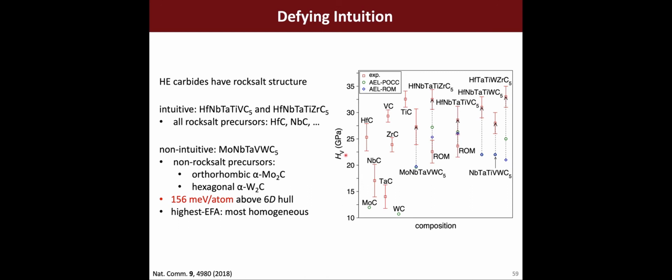We see that some of these materials have as much as 50% hardness increases over the average. So the fact that they form these solid solutions contributes to their hardness and makes them even harder than what we expect just from their composition. So disorder is also playing a role in increasing the hardness of these materials. This is what makes them so attractive.